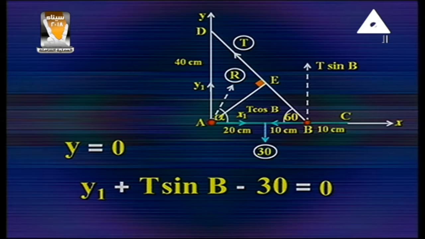Sum of Y equals 0 means, looking at the forces up, Y1 plus T sine B minus 30 equals 0. The sum of algebraic forces on the y-axis equals 0.